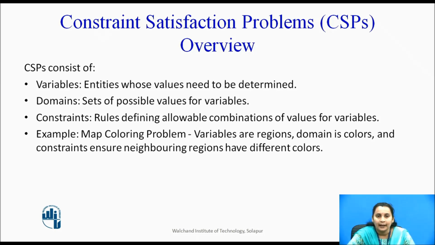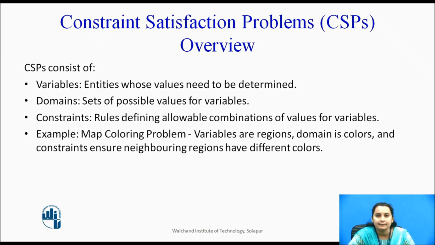And domains means the multiple subjects and teachers that we can allocate for that particular period. And constraint means the condition we check while assigning any domain to a particular variable. Before assigning, we want to check whether that condition or constraint is satisfied or not. So that is called the constraint satisfaction problem.